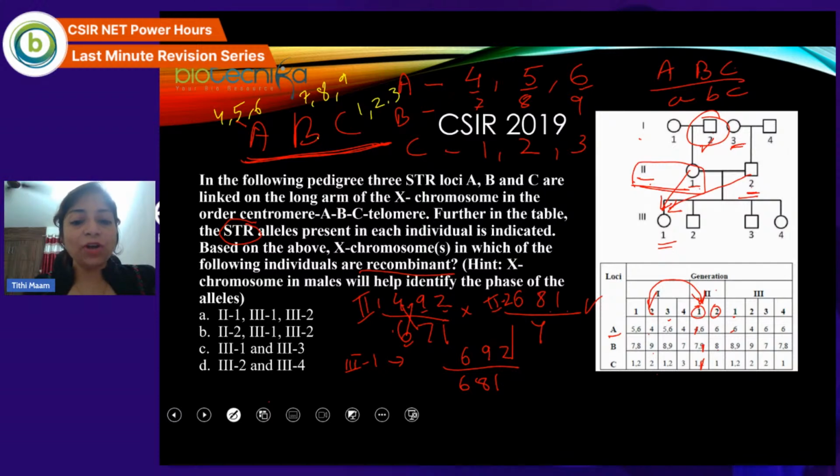So when is this possible? When 3, 1 is getting a recombinant X chromosome from her mother. Okay, so 3, 1 is a recombinant. Is it understood, everyone?